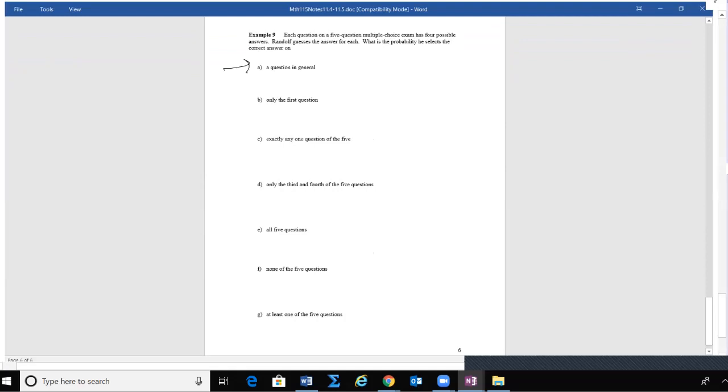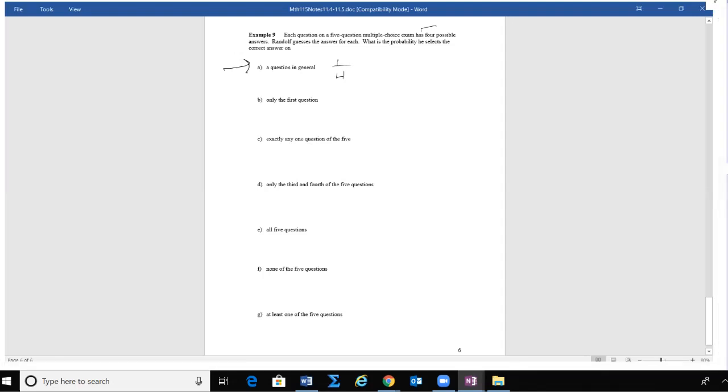Each one has 4 possible answers. I'm assuming there's only one right answer. So he has a 1/4 chance of getting a right answer on any given question. That's the probability for one question in general, any question.